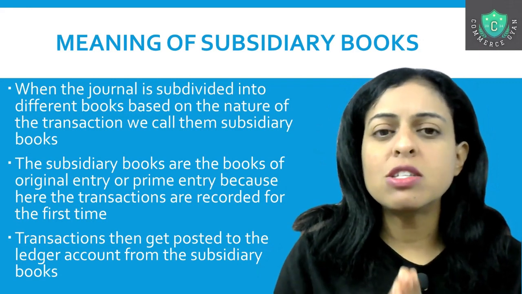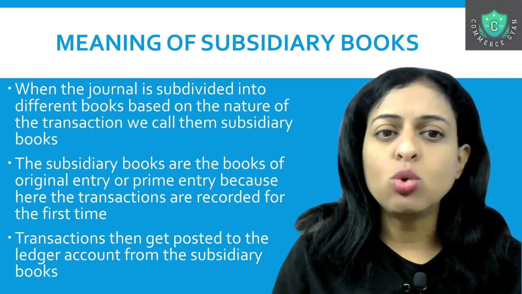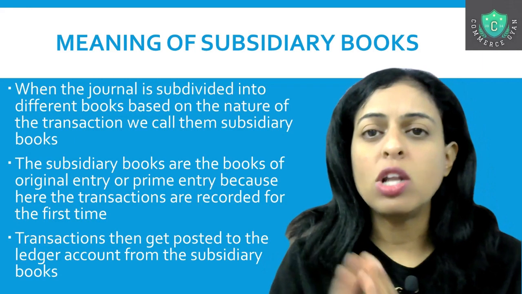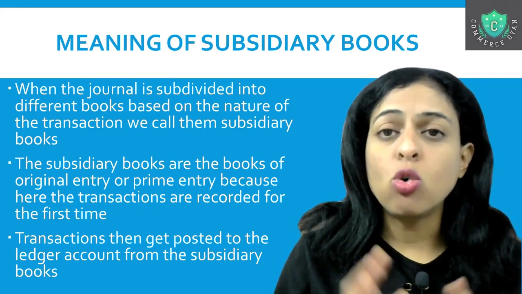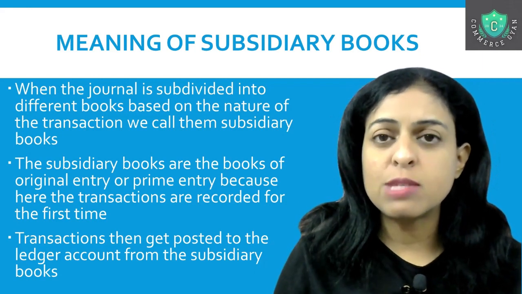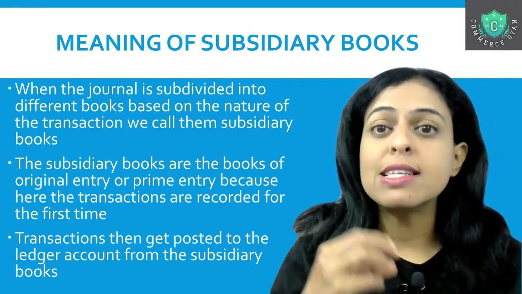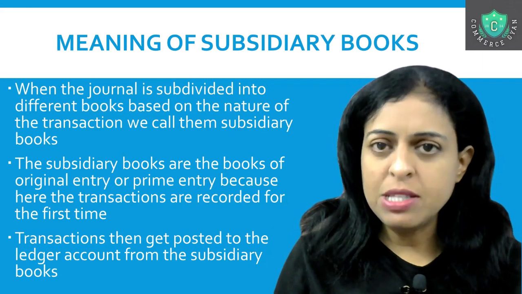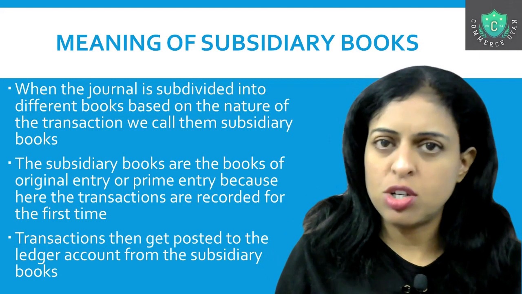So a subsidiary book is just like a journal, but it is subdivided into different books based on the nature of the transaction, and that is the reason we call it a subsidiary book. Subsidiary books are books of original entry. Whenever a transaction takes place for the first time, it is recorded in the journal, we know that. Now, the subsidiary book is an extension of the journal. So whenever a transaction happens, it is first recorded either in the journal or in the subsidiary book.